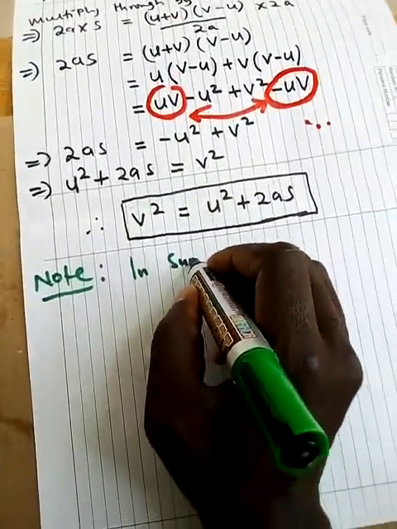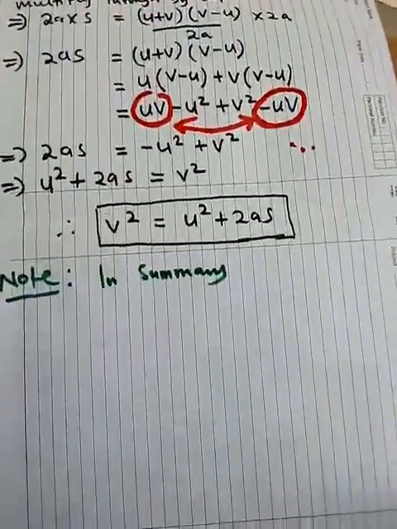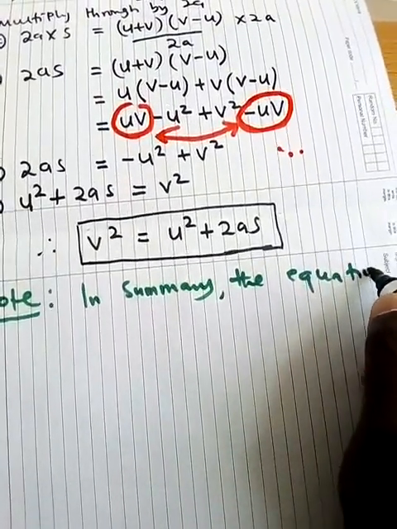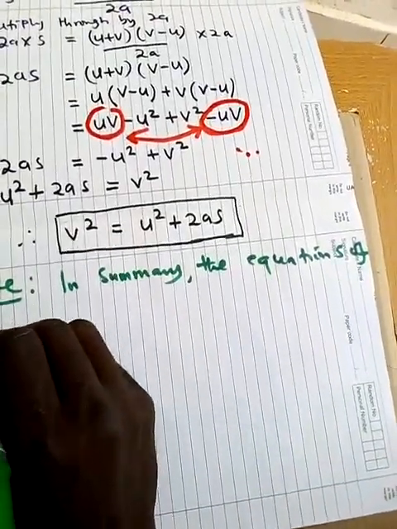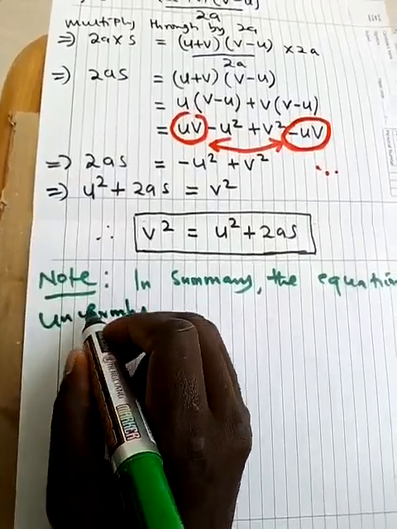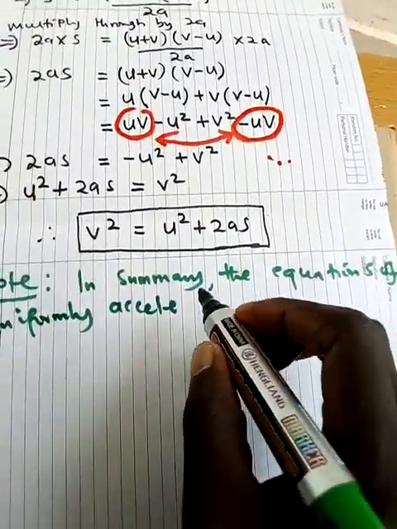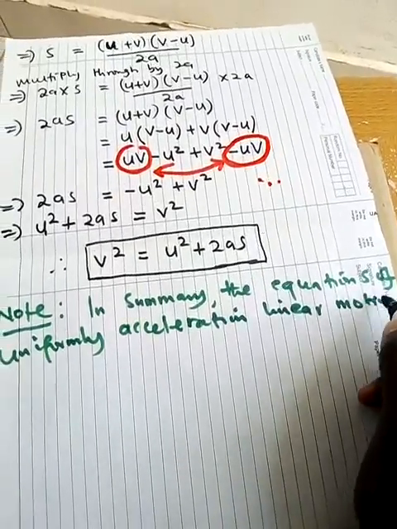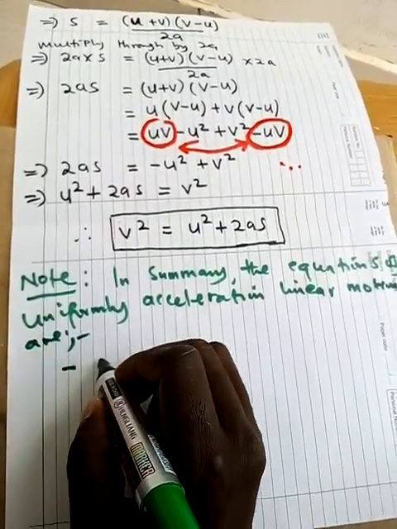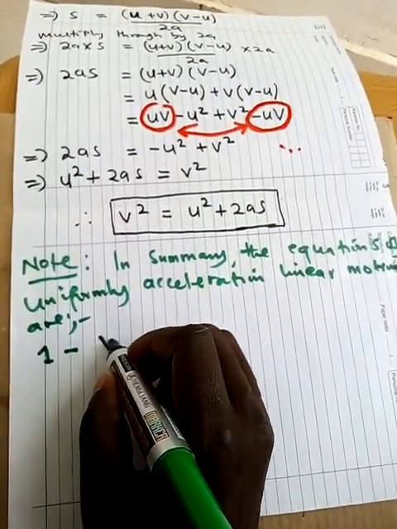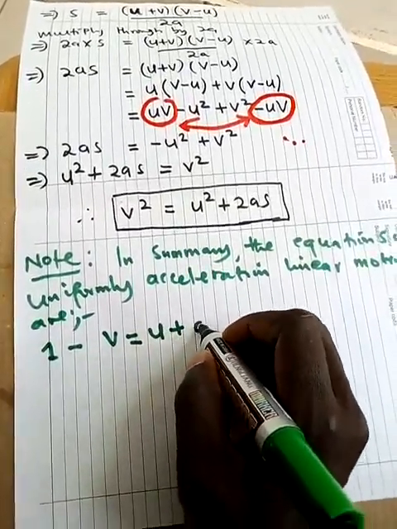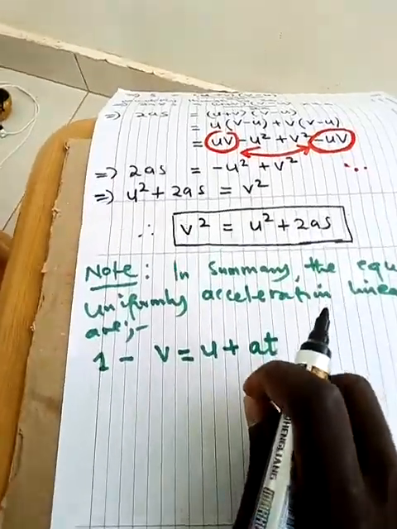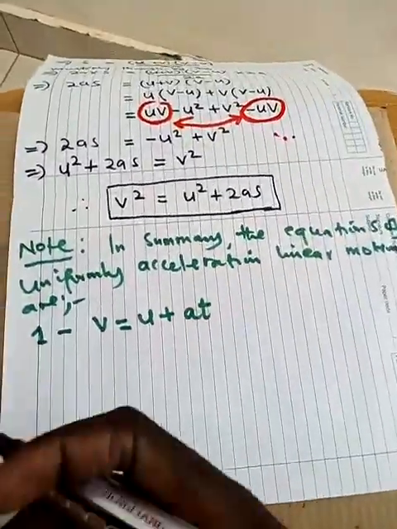So we say in summary, the equations of uniformly accelerated linear motion are, the first one we had is V is equal to U plus AT, where V is the final velocity, U is the initial velocity, A is the acceleration of the object, and then T is the time taken.